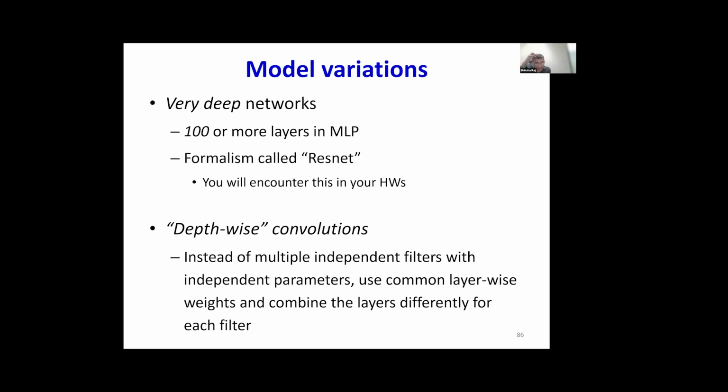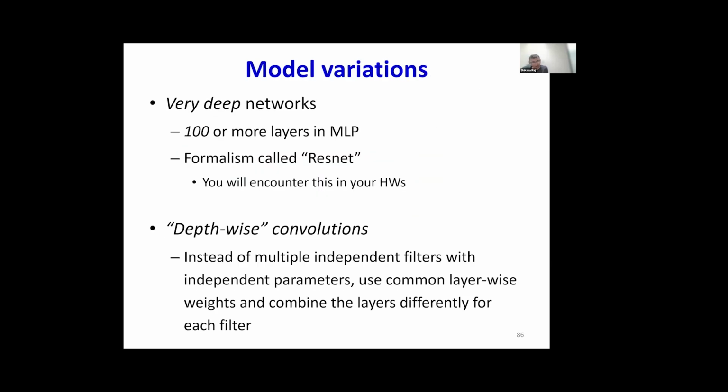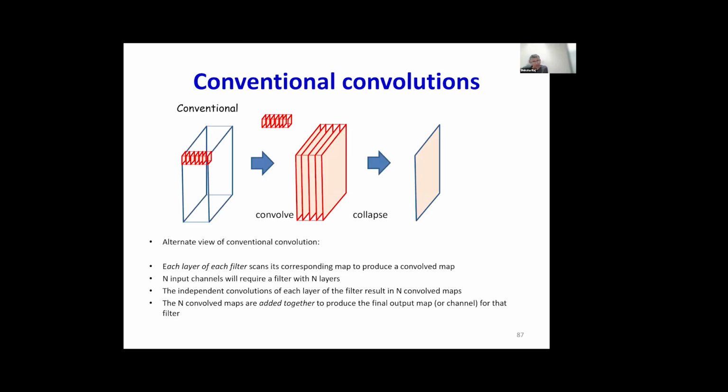Then this other kind of convolution called depth-wise convolution, which is a somewhat different way of sharing parameters, where instead of multiple independent filters with independent parameters, we use common layer-wise weights, and then combine the layers differently for each filter. Let's see what these things are. So I'm going to be looking at, instead of ResNets, let's first talk about the depth-wise convolutions.